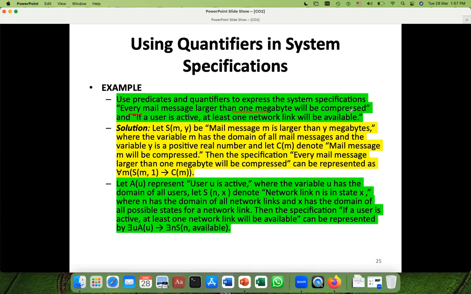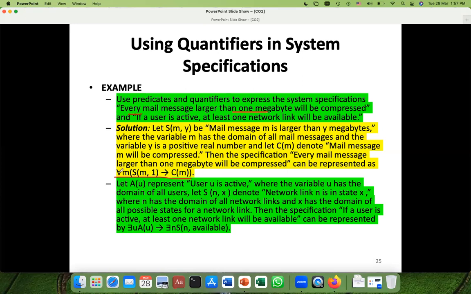From every, you can understand, okay, you have to use the universal quantifier. For every mail message, you can take some variable X or M. For every mail message larger than 1 megabyte will be compressed. So look over here, I'm not going into details.